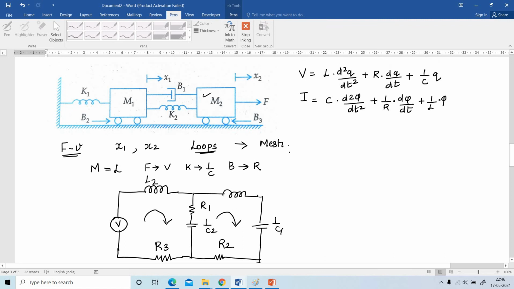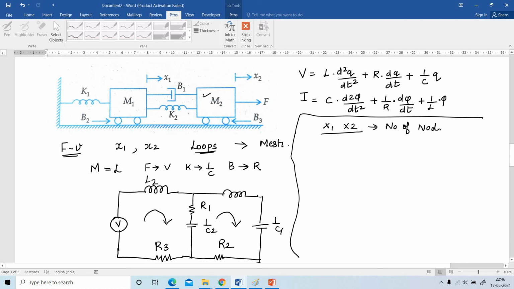And next, I am going to explain the force current analogy. In the force current analogy, x1 and x2 mean the number of nodes. Two displacements are relevant to two nodes. Have to mark the nodes first. And this node represents voltage V1 and this is voltage V2.